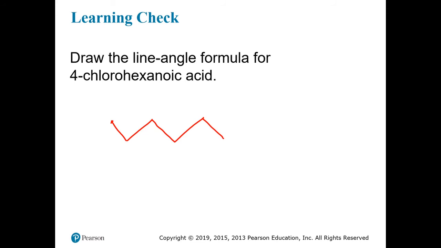We know that the carboxylic acid has to go on either the first carbon or the last carbon, so I can put it here, make this a double bond to an oxygen, and then this has to go to an OH, so this is our carboxylic acid carbon. And then we need to put the chlorine group on the 4th carbon, so this would be 1, this would be 2, this would be 3, and then this would be 4, so the chlorine group can go here. So this is the structure for 4-chlorohexanoic acid.